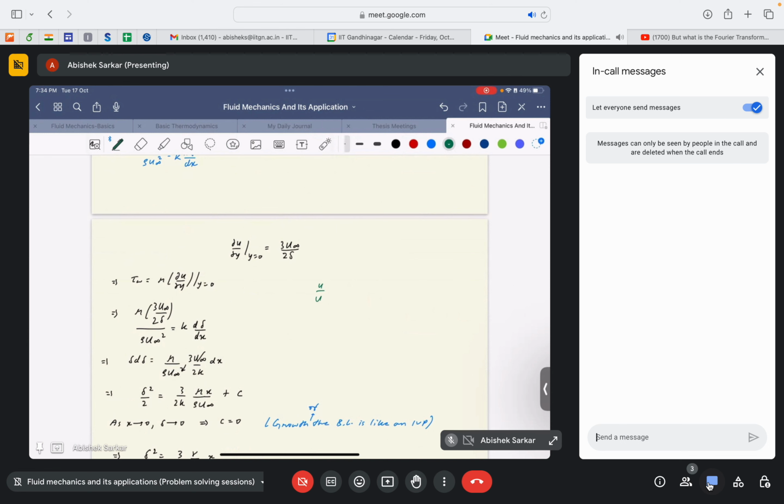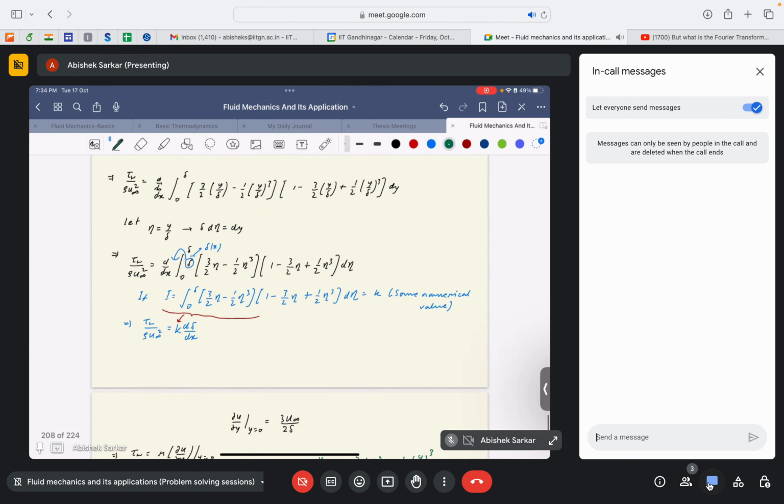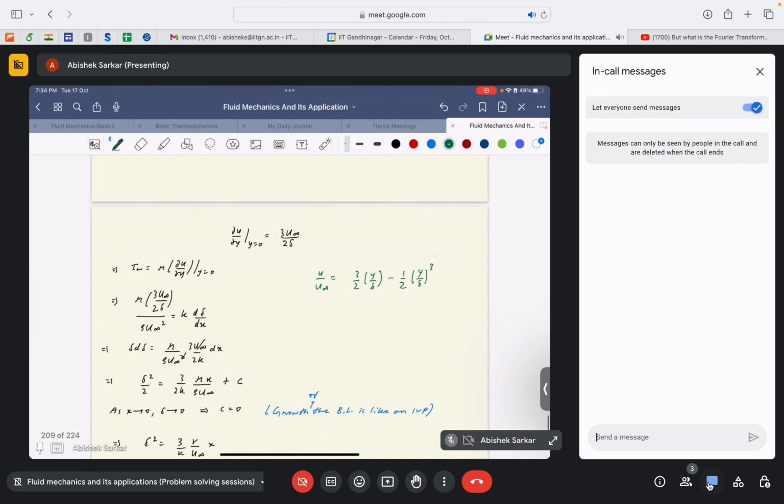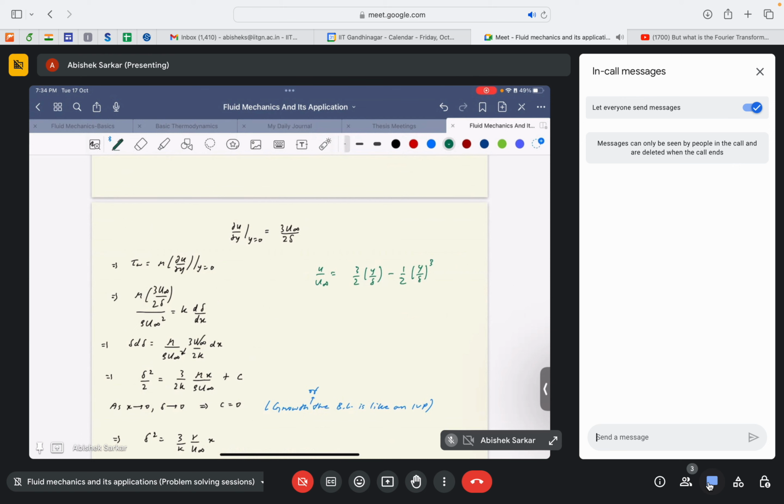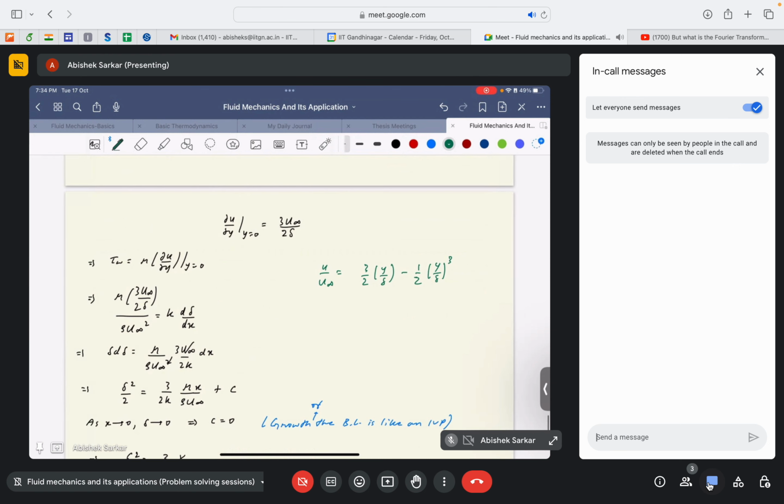u by u infinity is equal to 3 by 2 y by delta minus 1 by 2 y by delta cube. Hope I am not wrong. Yes, okay. So since we know the velocity profile, we can find this derivative, and from that we get that dou u by dou y at y equal to 0 is 3 u infinity by 2 delta.